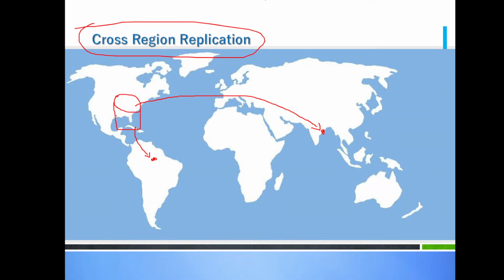So what Netflix can do, they can create a bucket here in the Indian region, and if they are uploading a file, they can replicate that file in this bucket, or they can upload the file here as well as here for Indian customers. One copy here and one copy here. Agree? This is one way they can do that.